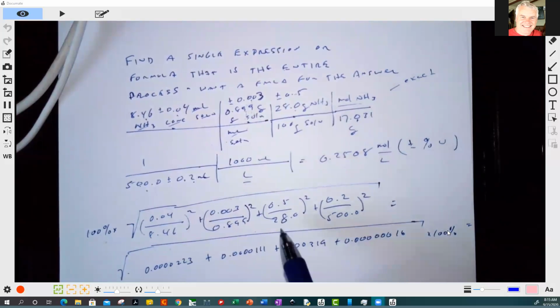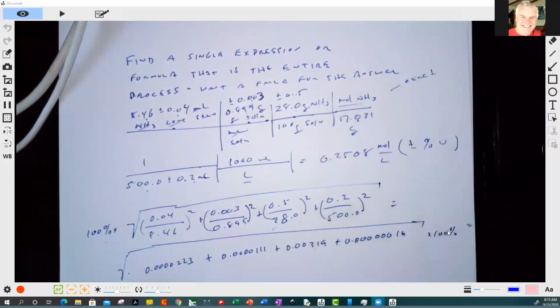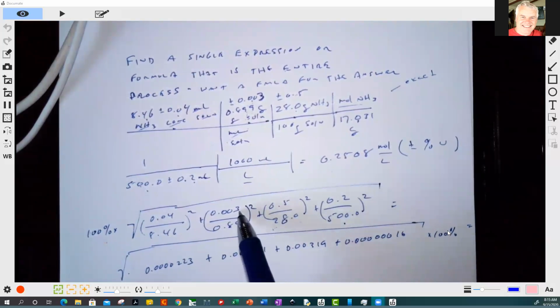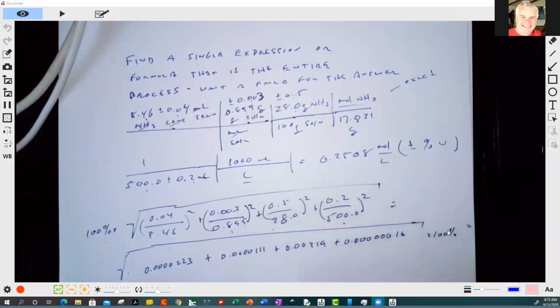So if we look at the second to last term, 0.5 out of 28, we'll notice that it is quite a bit larger than the other terms. 0.2 out of 500 is a much smaller value. 0.003 over 0.9 is larger, right? It's larger than that.